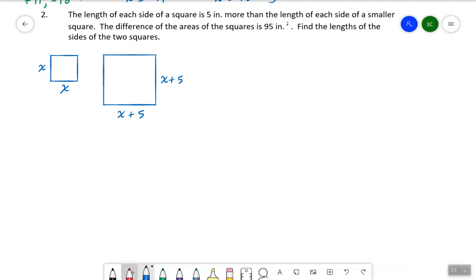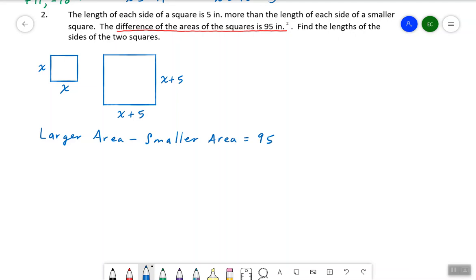Now we need to come to the next sentence in the problem, which says the difference of the areas of the squares is 95 square inches. Difference means subtract, right? It means the larger area minus the smaller area equals 95. So let's write that out in words, and then we'll write it algebraically. The larger area minus the smaller area is equal to 95.